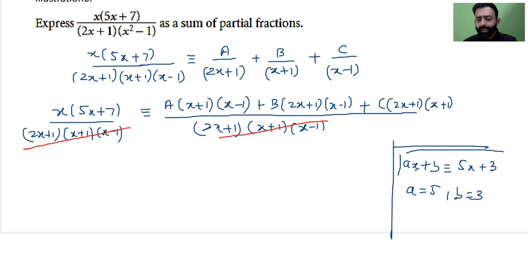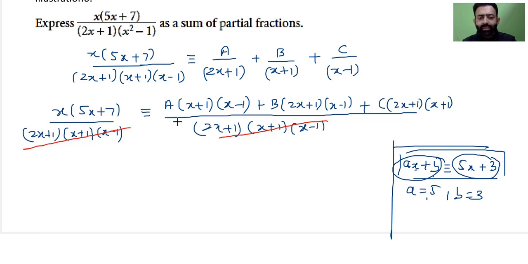The x coefficient here is a, the x coefficient in the RHS is 5, so a has to be 5 and the constant has to be 3. So you have written this ax plus b in the form of 5x plus 3. So this is what we are doing in this partial fraction. We are just comparing the coefficients of both the LHS and RHS variables.